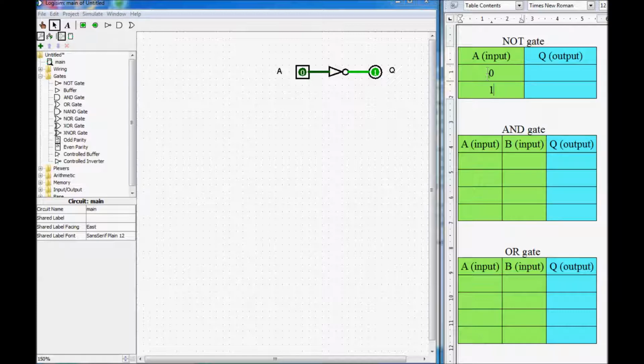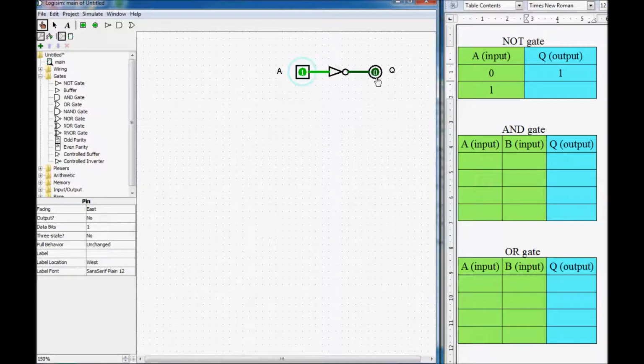And we can already see that if our input is 0, then the output is 1. But when we switch this input level to logical 1, the output turns to 0. Now you see the idea of this table.